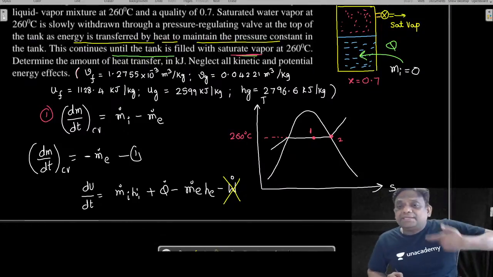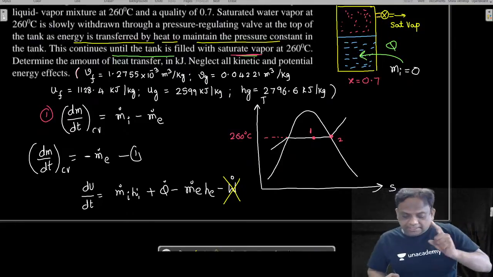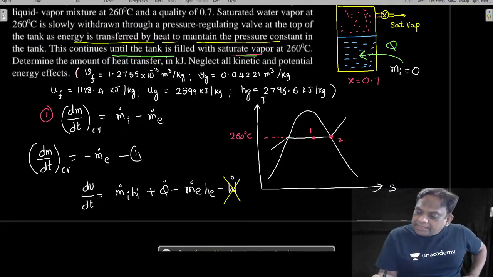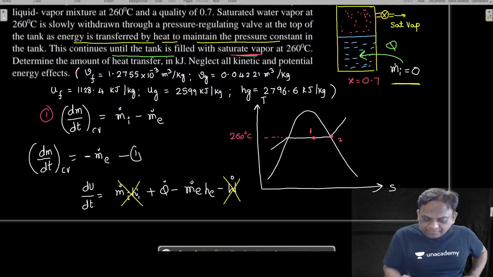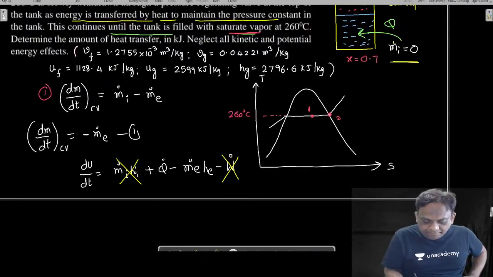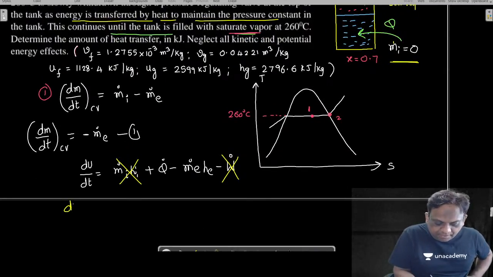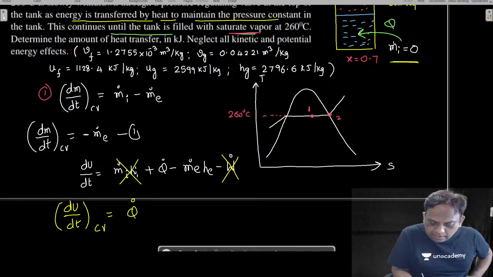Yes, the tank is not developing any work. One more thing: no mass is entering, therefore m dot i is 0 and that term is also 0. Now the equation becomes du by dt in the control volume is equal to q dot minus m dot e he.